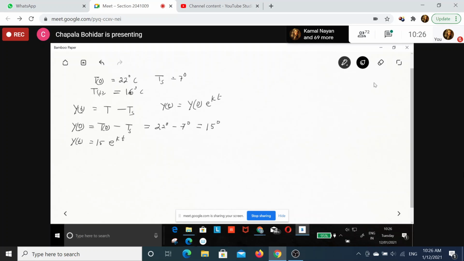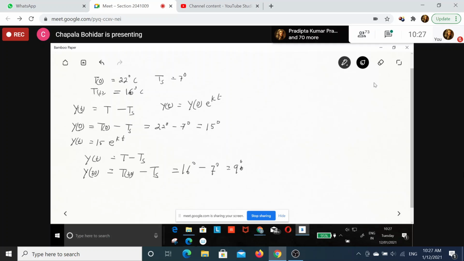So what is given? After 30 minutes, it is cooled to 16 degrees centigrade. Here y(t) is equal to T minus Ts. My aim is to find y of 30. Y of 30 is equal to T of 30 minus Ts, because Ts is constant. So it is 16 degrees minus 7 degrees, which is 9 degrees.